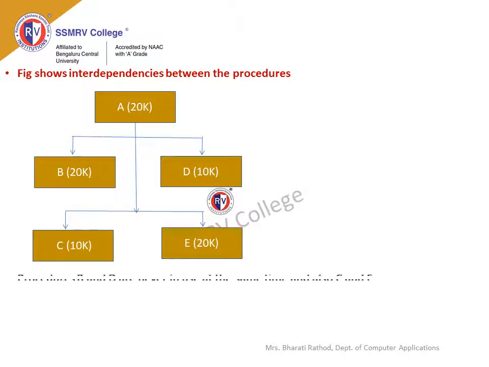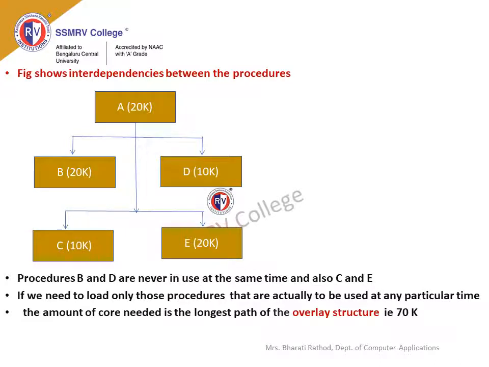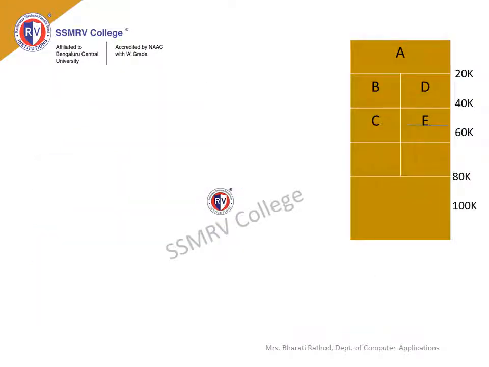Procedures B and D are never in use at the same time, and likewise C and E. If we load only those procedures that are actually to be used at any particular time, the amount of core needed is the longest path of the overlay structure, that is, 70 kilobytes.